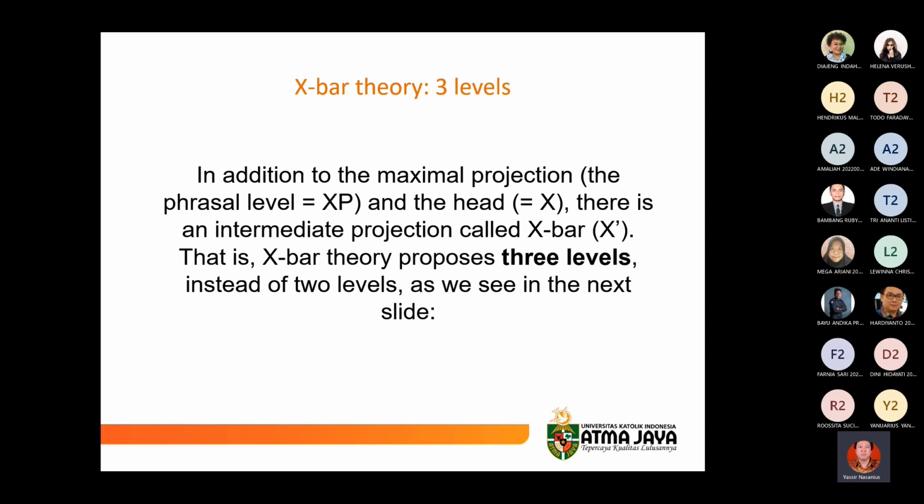In addition to the maximal projection, the phrasal level XP, and the head X, if you draw an X-bar tree, there is the so-called intermediate projection called X-bar. So when you draw the X-bar tree, you have X, X-bar, and XP.